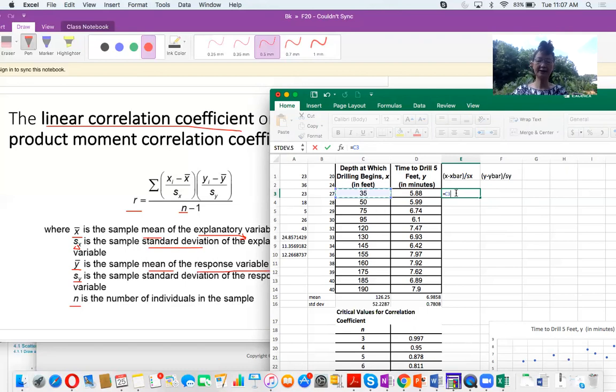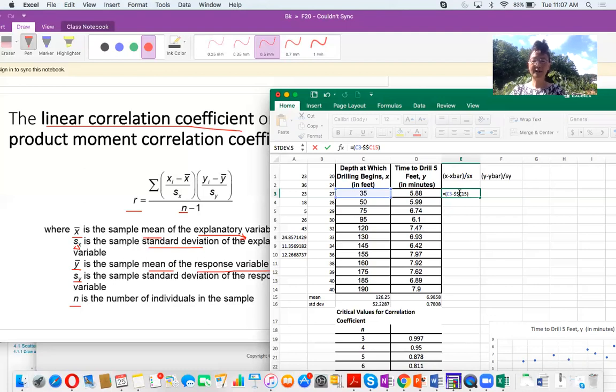This is my X bar, because X bar is fixed for all the X. So I need to translate this X bar into absolute cell reference, $C$15, so that everybody minus this 126.25.